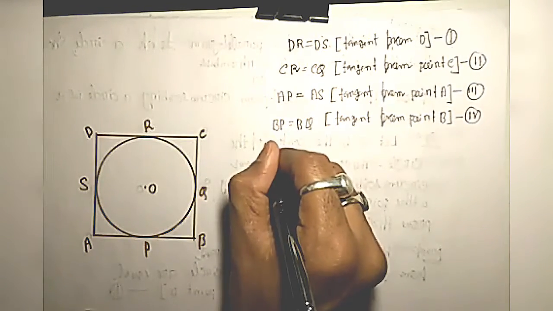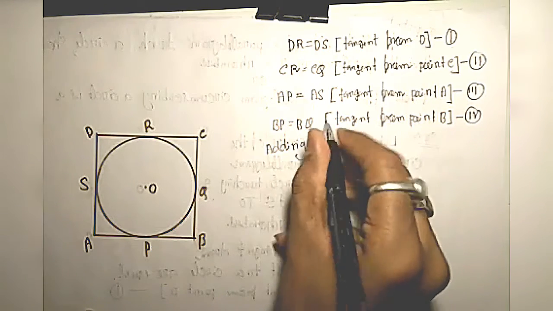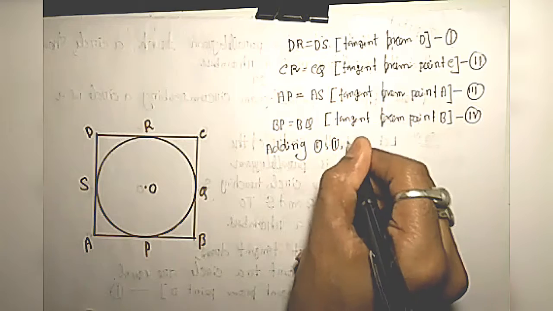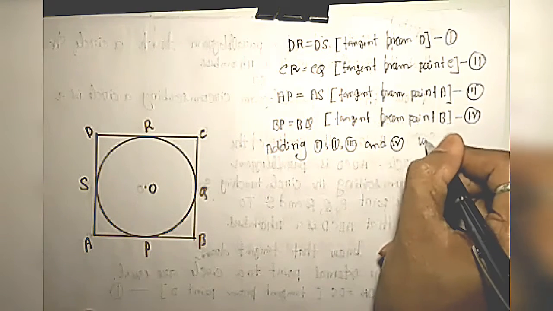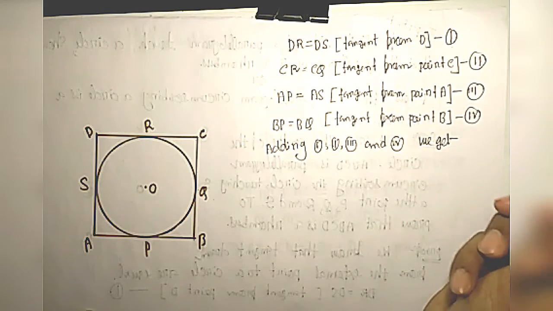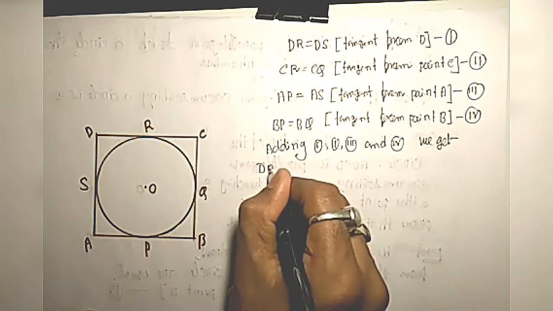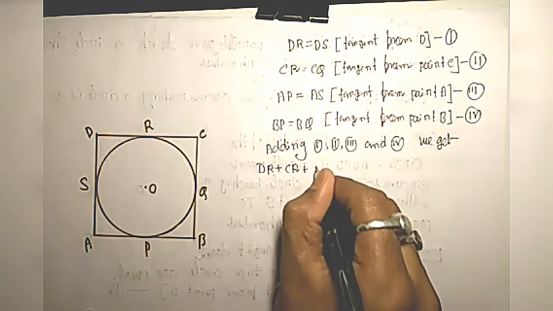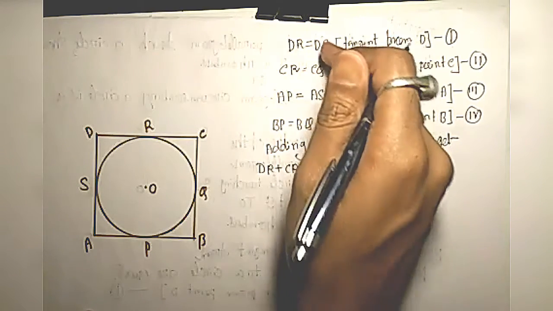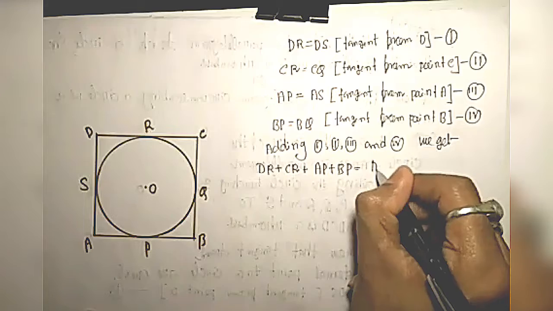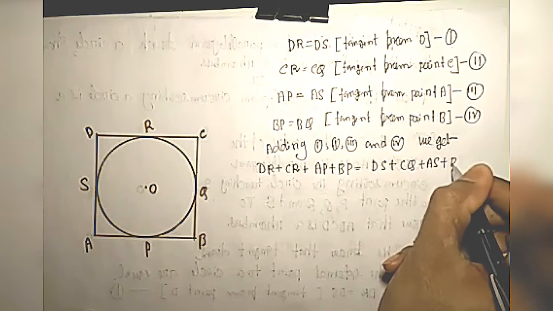So there are 4 equations, and we need to add all these 4 equations. The left-hand sides are added together and the right-hand sides are added together. So DR plus CR plus AP plus BP equals DS plus CQ plus AS plus BQ.